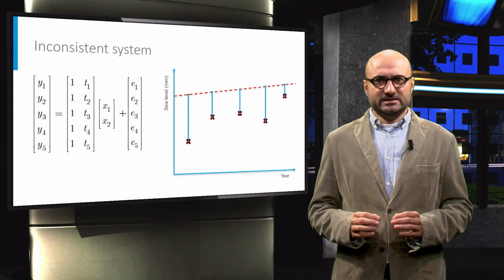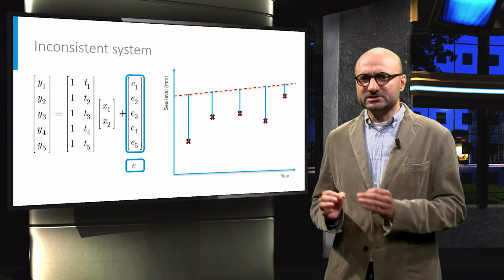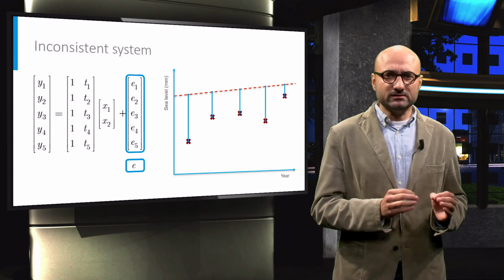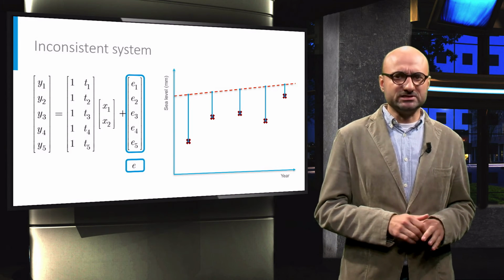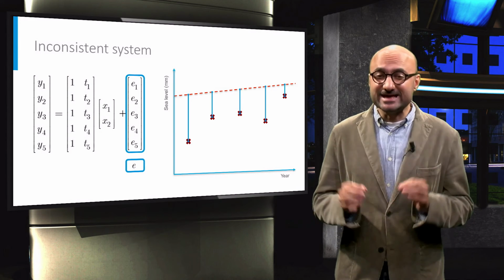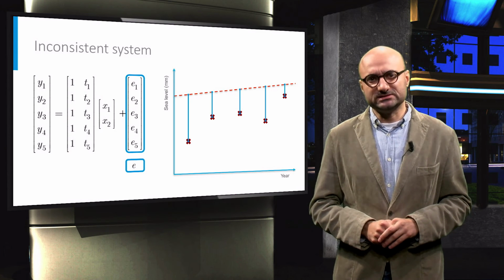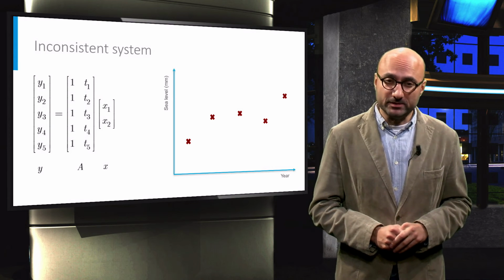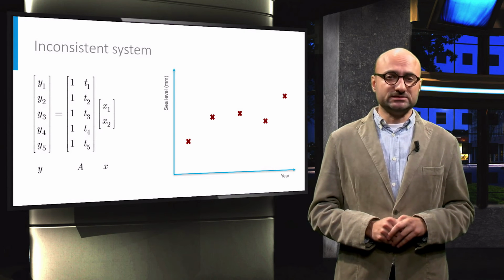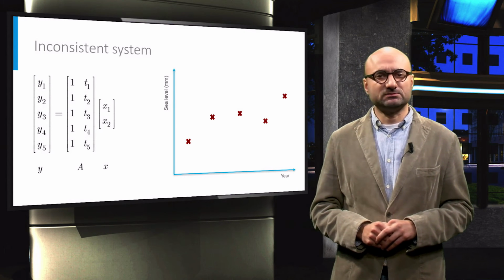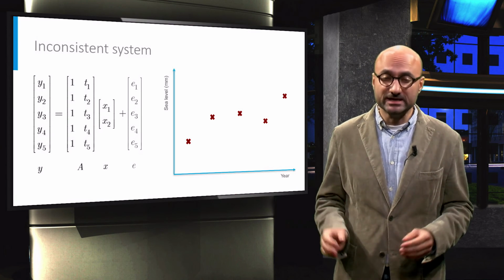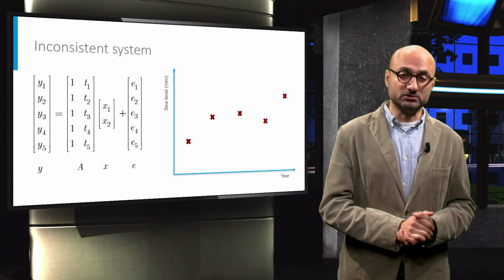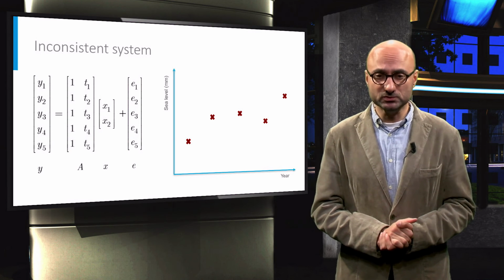If I insert this vector of very large errors together with the estimated line parameters in the functional model equation, it gives us exactly the original observations in the vector y. In summary, by adding the errors to the system of equations, we transform the inconsistent system of equations with no solution into a consistent system, but now with an infinite number of solutions.